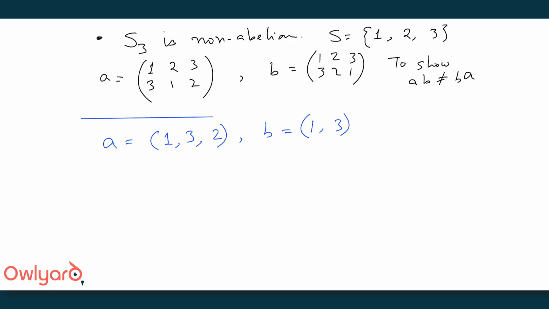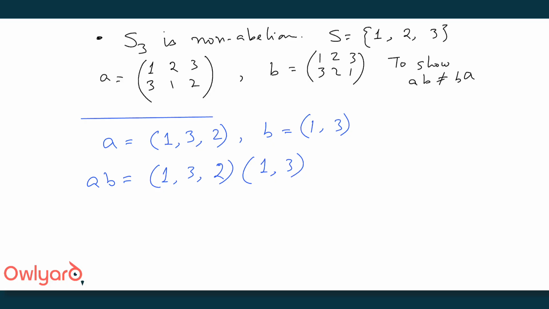So for example, if I try to find A times B in cycle notation, it will look like (1, 3, 2) times (1, 3). Now notice that it is not a cycle decomposition because they are not disjoint cycles. 1 and 3 are common to both cycles. So the question is, how are we going to represent this in cycle decomposition? How are we going to find the disjoint cycles?